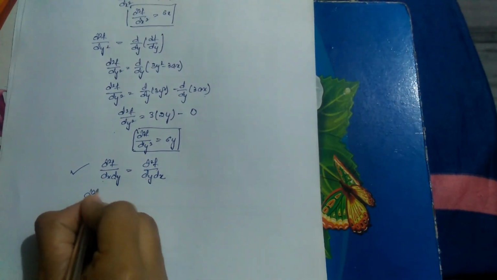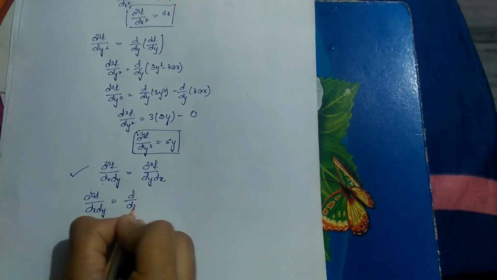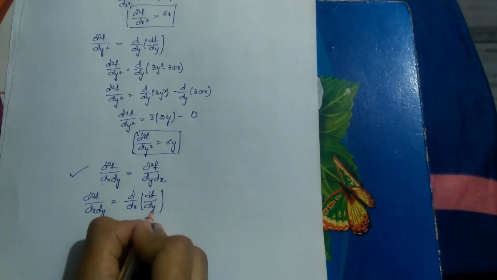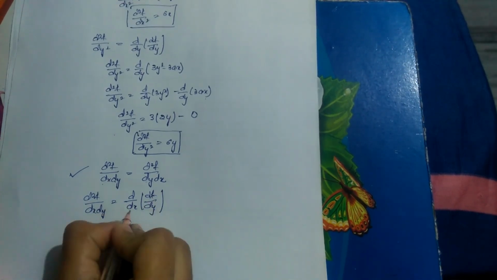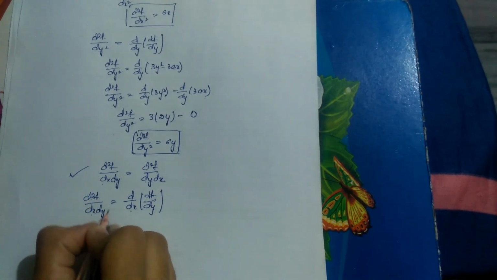Then here ∂²f/∂x∂y is equal to ∂/∂x of ∂f/∂y. So ∂f/∂y, when it is differentiated with respect to x, you get the ∂²f/∂x∂y.